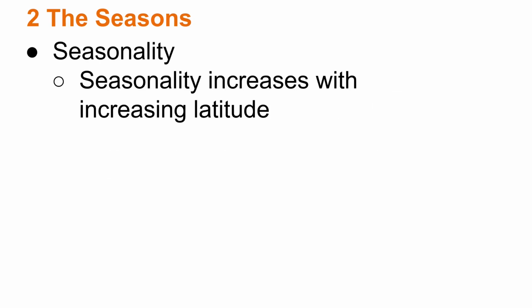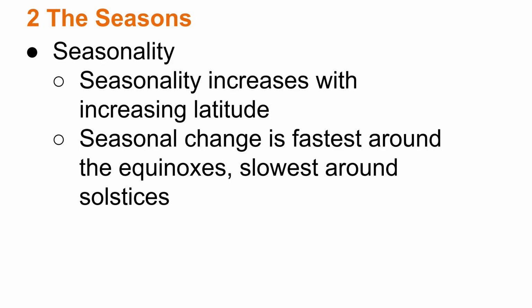Seasonality increases with latitude. If you're at the equator, every day is going to be like every other day. As you move away from the equator, the seasonal differences between summer and winter get bigger and bigger. Seasonal change, so the two things that change with the seasons are day length and the angle of the sun. Around the solstices, it's very slow.